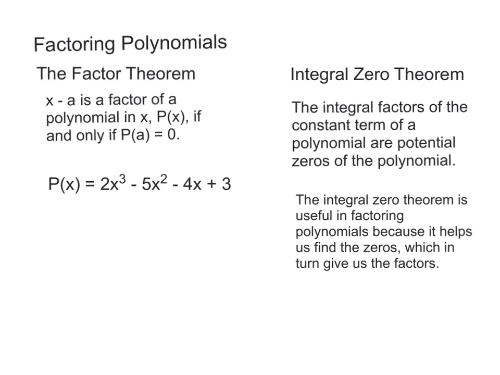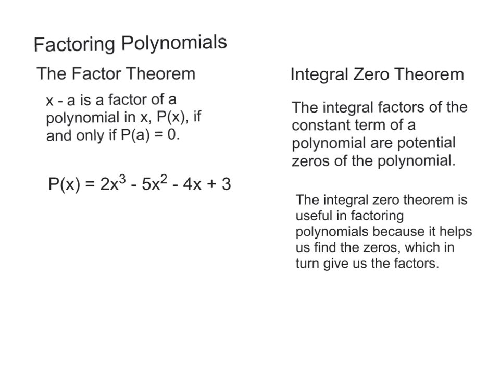The factor theorem says that x minus a is a factor of a polynomial in x, p of x, if and only if p of a equals 0. So if you think about the remainder theorem, if you're dividing by x minus a, p of a gives you the remainder.